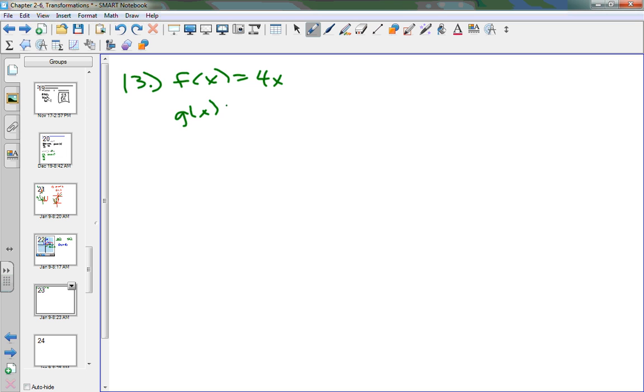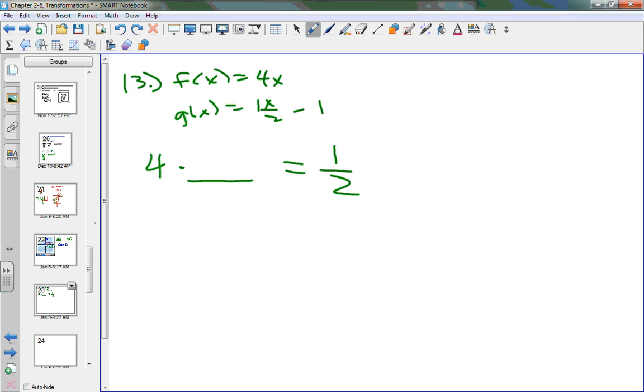G of x is equal to x over 2 minus 1. Now, what I want you to do is to tell me, what did you do to this thing? How did you go from 4x to a half of this? How did you compress it by 1/8? Now I want you to think about this. Compression means you're multiplying by a fraction. I needed to turn it into 1/2 x. Why? Because this is a 1 I understood to be there. The 4 was in the top, and I need that 4 to cancel out.